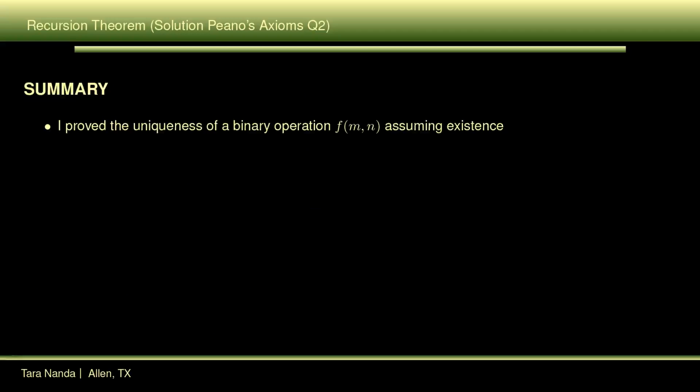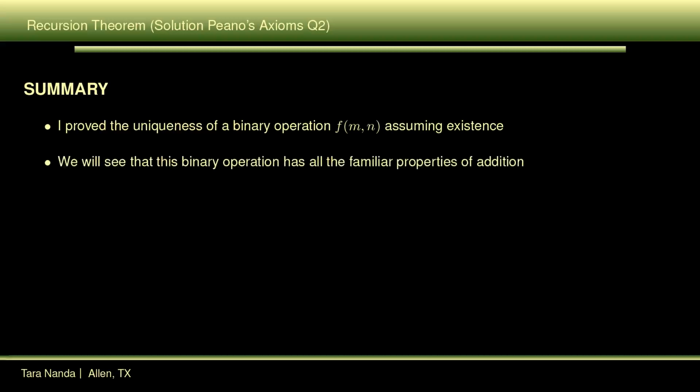Let me summarize today's video. I proved the uniqueness of a binary operation f assuming its existence. We shall see that the binary operation has all the familiar properties of addition. Only basic concepts from set theory were used.